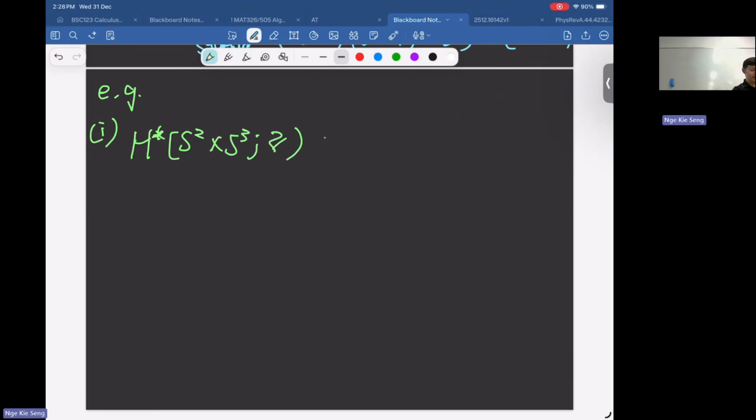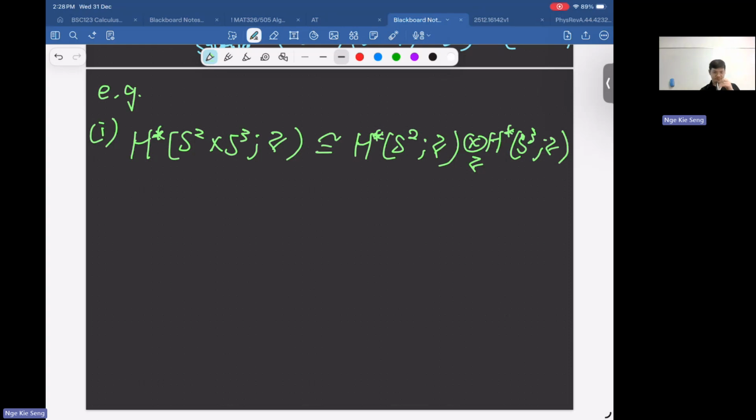All right. So by the theorem we had just now, this is just H star of S2 tensor with H star of S3. Maybe it's worth asking, tensor over what ring? If you consider over the integers, then this is a tensor over the integers. On each side, we know very well what the generators are. For example, the cohomology of S2 is generated by degree 2 and degree 0, and S3 by degree 3 and degree 0.